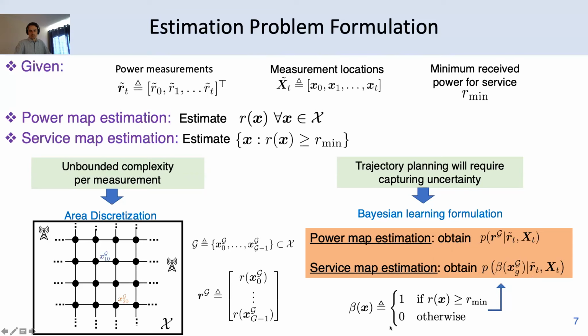The service indicator beta is 1 at those locations where one receives enough power and 0 otherwise.